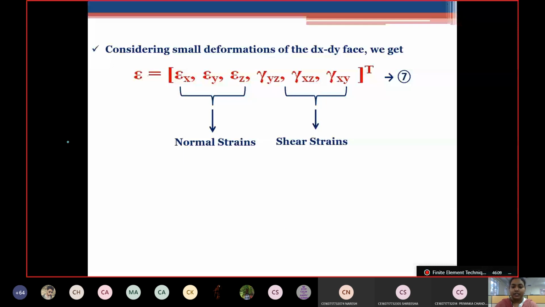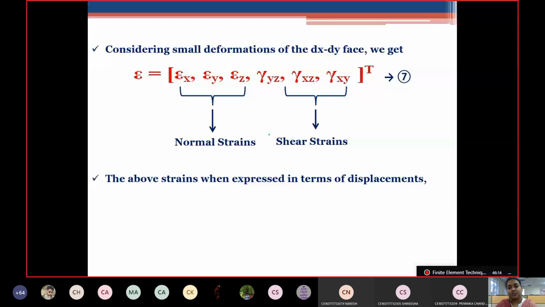Now, these strains have to be expressed in terms of displacement, because in the very first class of FEM we spoke about this, that displacements are the basic unknowns for solid mechanics. What we are trying to do is express our strain parameters in terms of displacements.